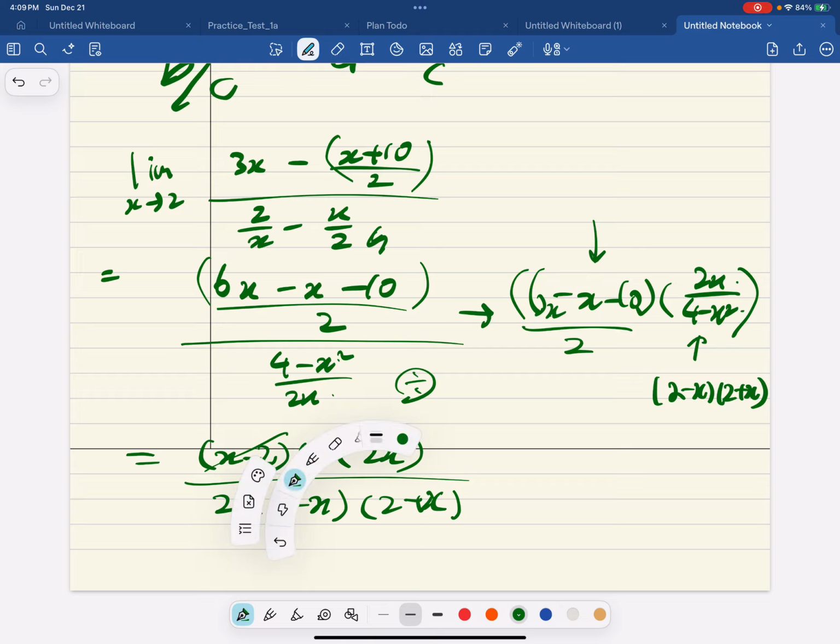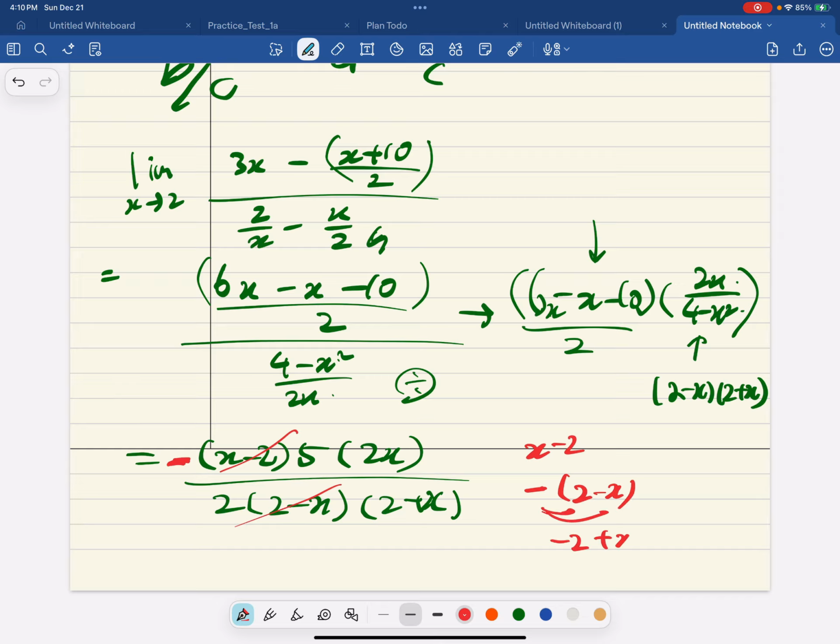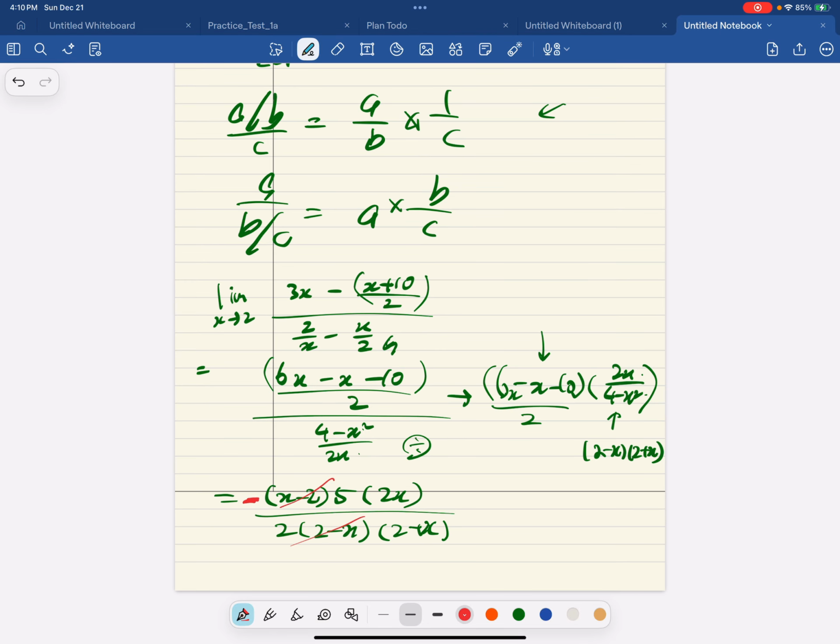And this is a really unique, my favorite actually, pattern, where there's an x minus 2 and a 2 minus x, which is the opposite sort of subtraction. You can cancel it out but don't forget to put a minus sign in front. Just one. Because x minus 2 is actually the same thing as minus (2 minus x). By distributing it, you will see that it turns into minus 2 plus x, which is the same thing as x minus 2. That's one of my favorite tricks. Well, not a trick, but a fact.